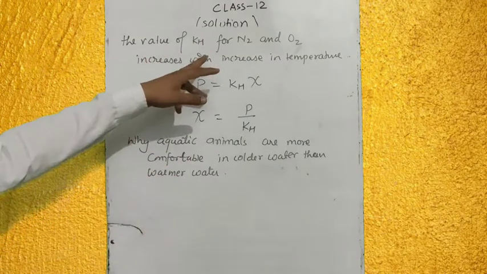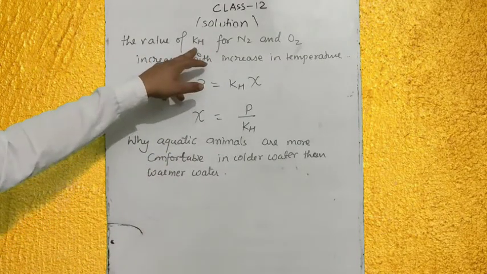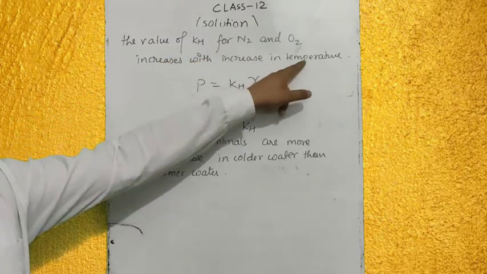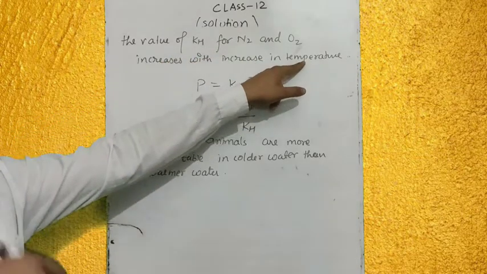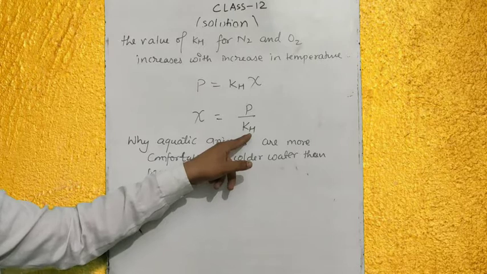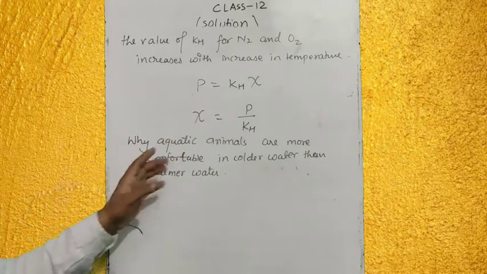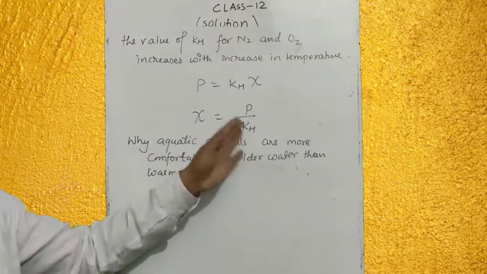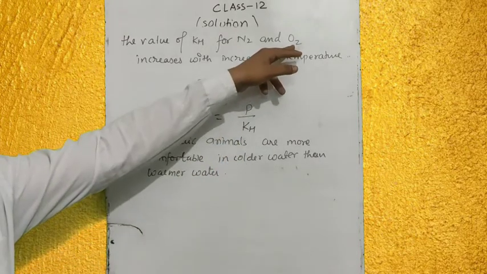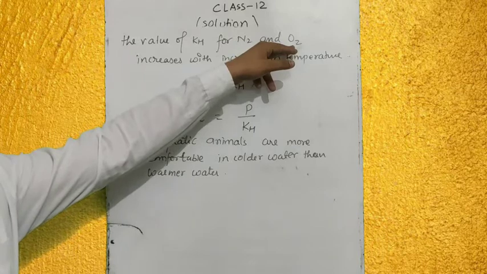So I have already told you the value of KH increases with the temperature, and further if the value of KH is increasing, solubility is decreasing. That means on increasing the temperature, solubility of oxygen in the water is decreasing.